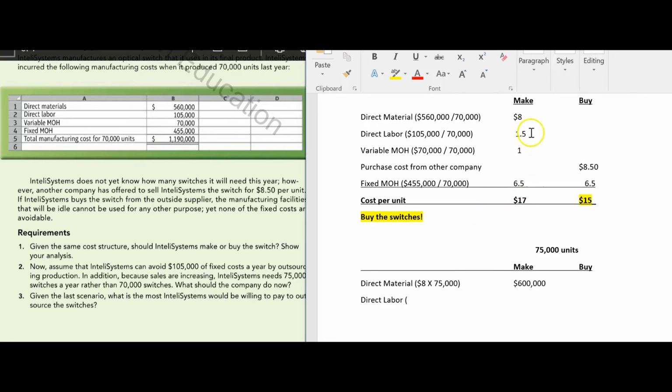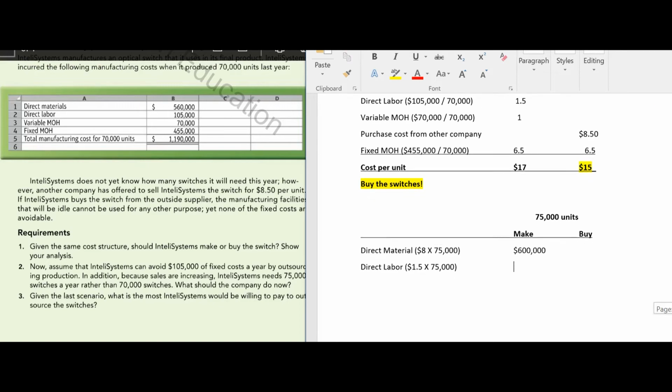Direct labor cost was $1.50. Now we are making 75,000 switches, so $1.50 multiplied by 75,000, and you will find that labor cost is $112,500.